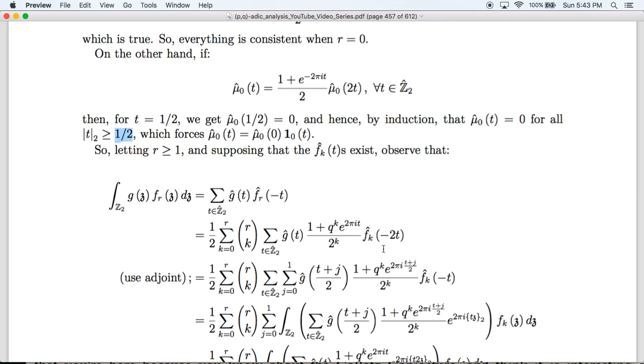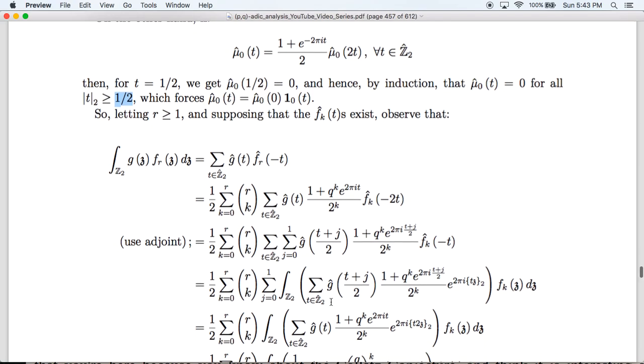Note the negatives here. And then we pull out k equals 0. And now we're going to use the adjoint identity on this function and this function. So the 2 gets passed from the numerator to the denominator here, and we sum over all the t's in between. So this is going to be the sum from j equals 0 to 1 of t equals j over 2.